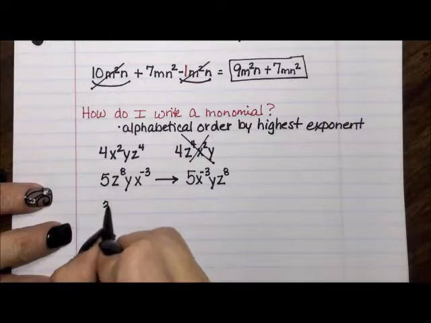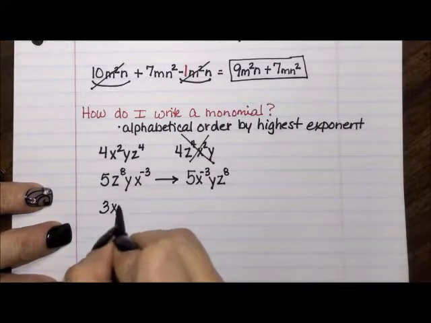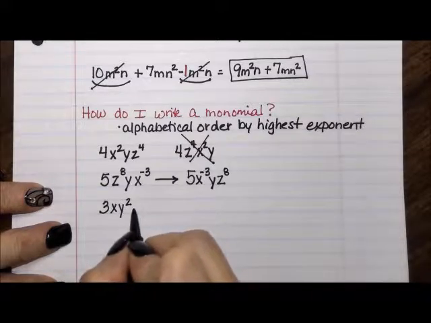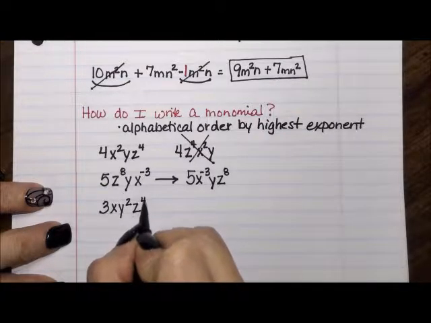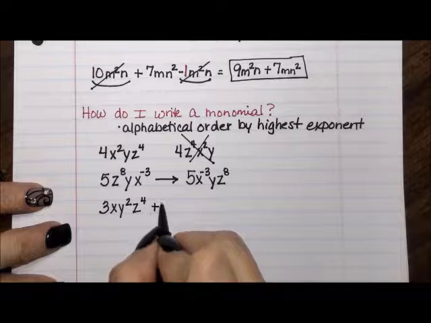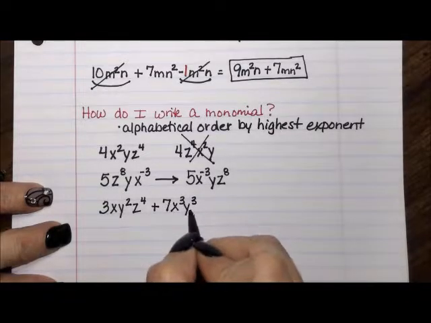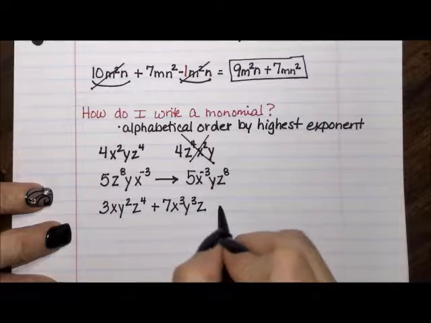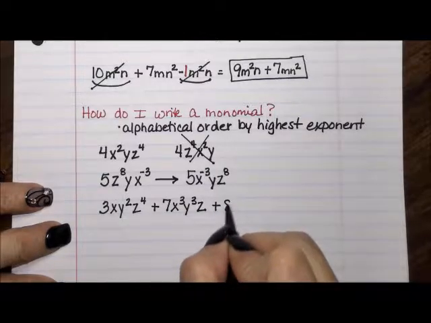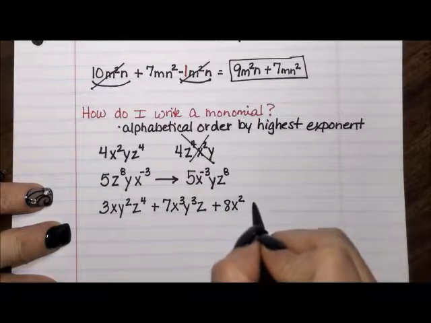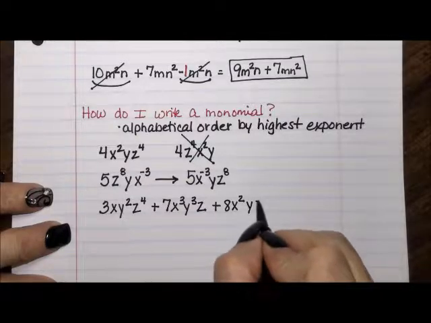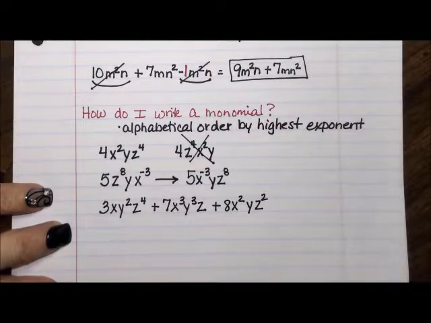All right, so here we go. 3xy squared z to the 4th plus 7x cubed y cubed z plus 8x squared y z squared.